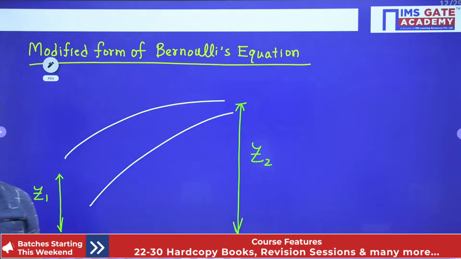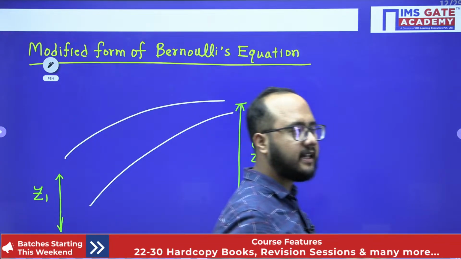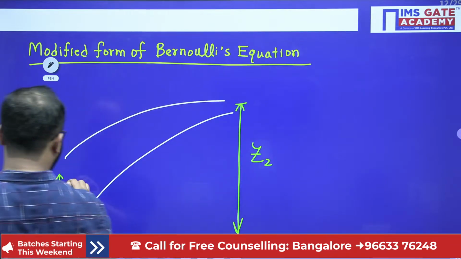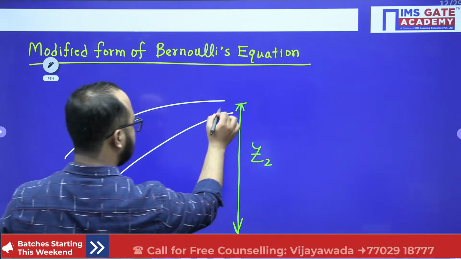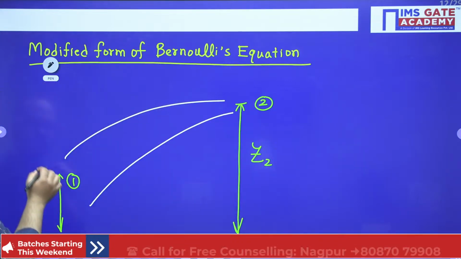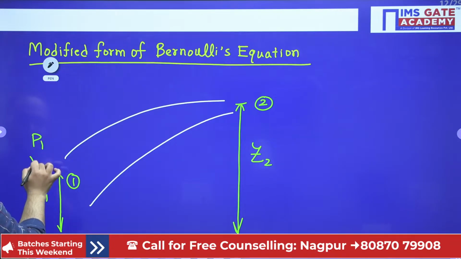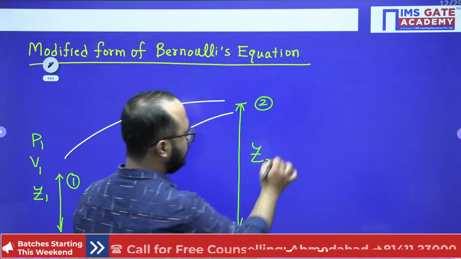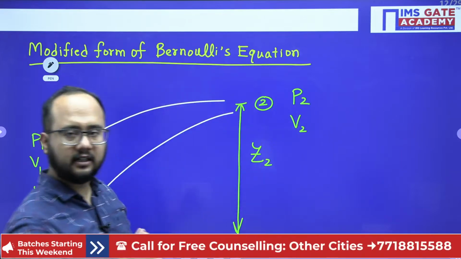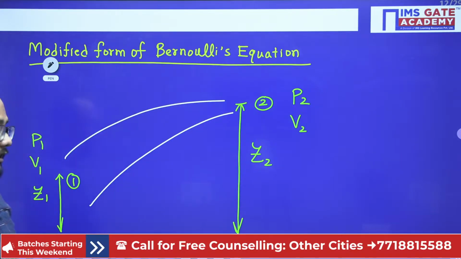Z1 and Z2 are the datums at location 1 and 2. This is location 1. This is location 2. Pressure at location 1, let's suppose P1, velocity V1. Pressure P2 and velocity V2. Like that, I have considered different parameters at locations 1 and 2.